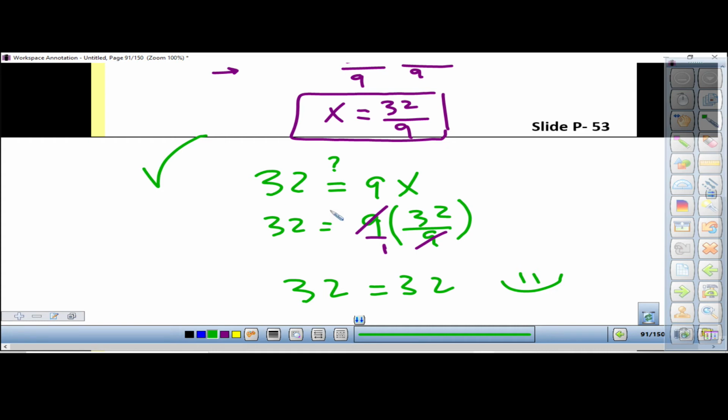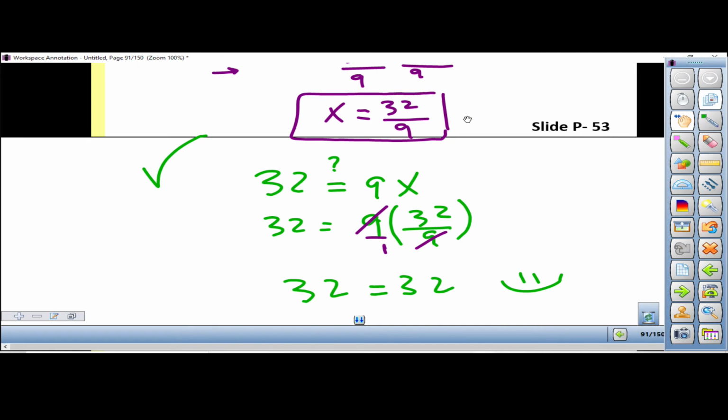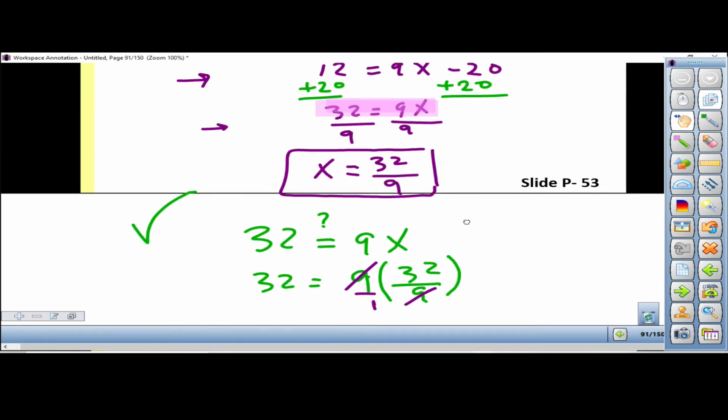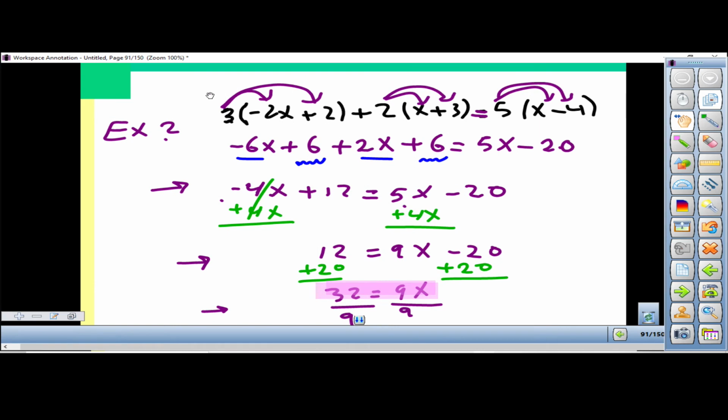Now, I kind of did the shortcut, but usually when you do this, you will need to take this x equals 32 over 9 and plug it in all the way at the beginning of the problem, just in case you made a mistake in these steps. So you just want to protect yourself, you just put it at the top here. I know it's cumbersome, but it's worth it.